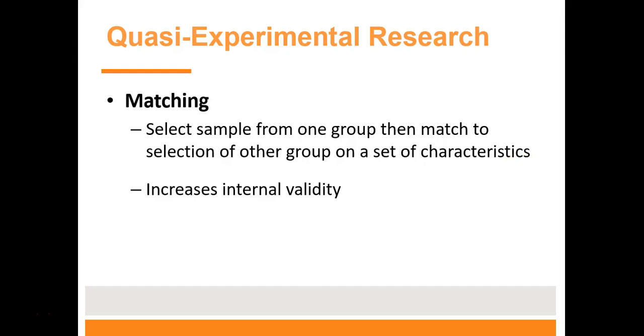So of your group of participants who maybe have volunteered for the study who have not experienced a tornado, you're also looking for a male who is 30, who makes the same relative income, who also lives in a rural area.